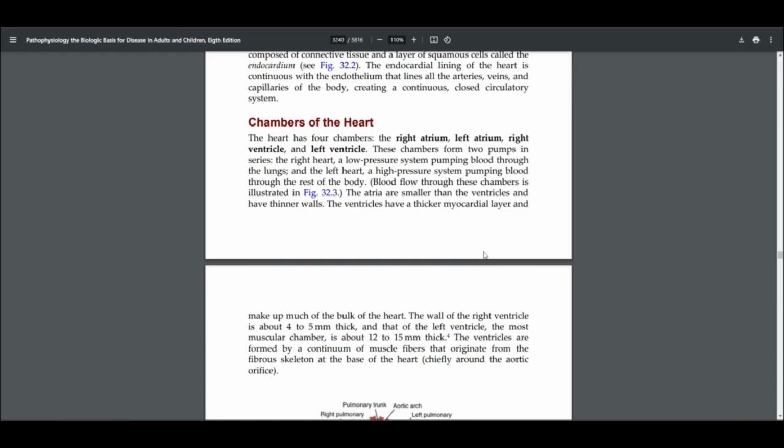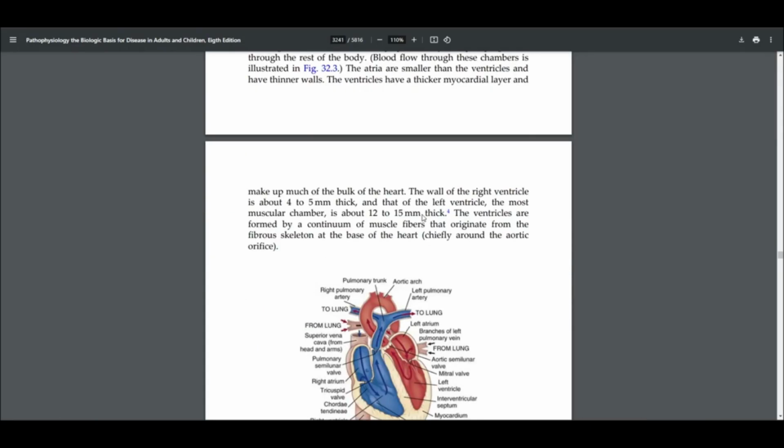The atria are smaller than the ventricles and have a thinner wall. The ventricles have a thicker myocardial layer and make up much of the bulk of the heart. The wall of the right ventricle is about 4 to 5 millimeters thick, and that of the left ventricle, the most muscular chamber, is about 12 to 15 millimeters thick.